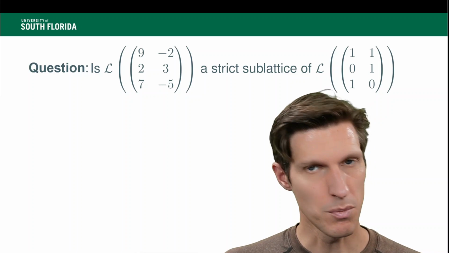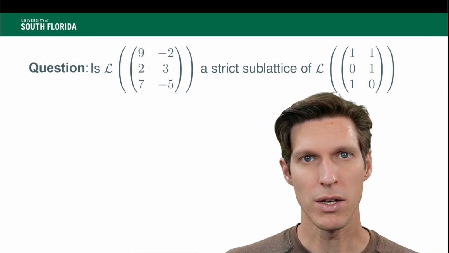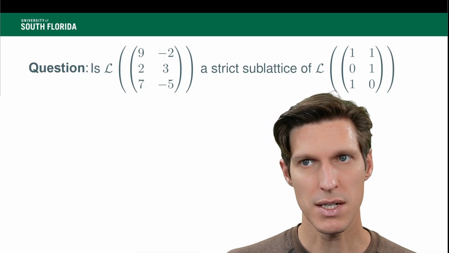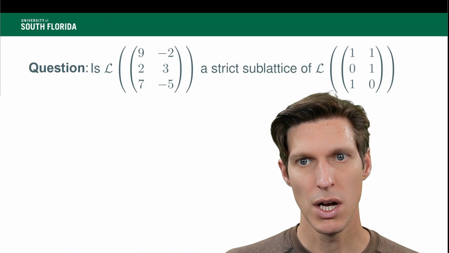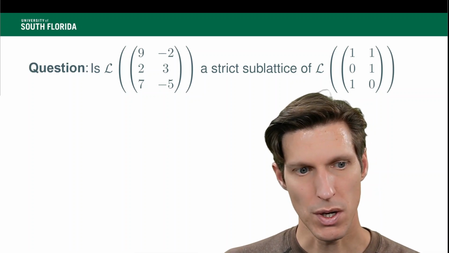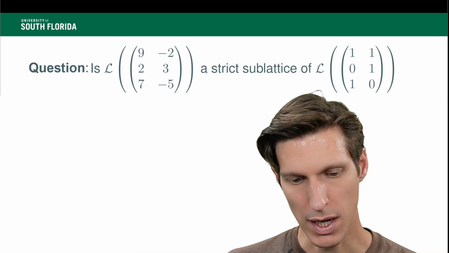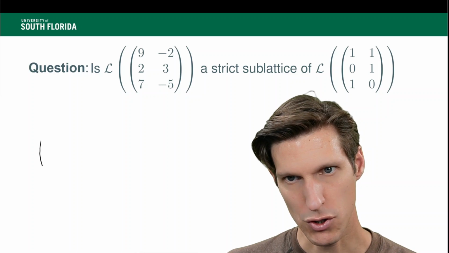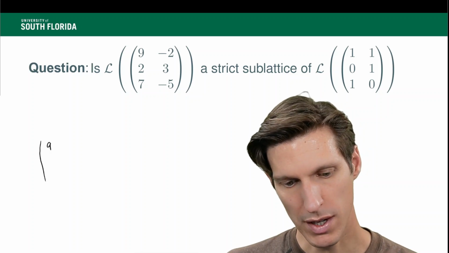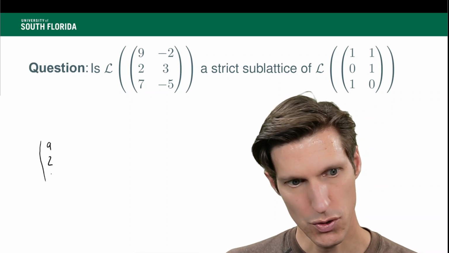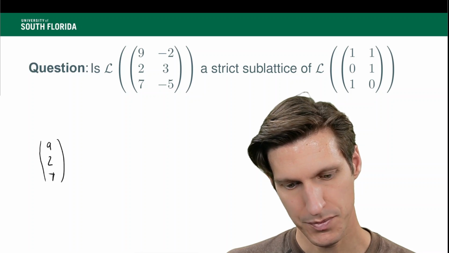Being a sublattice means that you can rewrite your vectors, your column vectors in this case, as a linear combination of the columns of the other lattice. So this you can do by solving linear systems or even eyeballing it. So I'm just going to show it for those two column vectors. So (9, 2, 7), right?